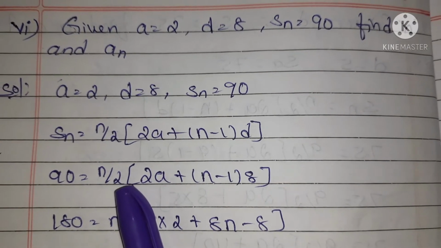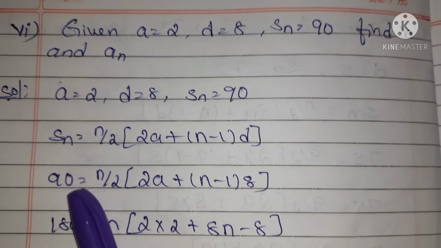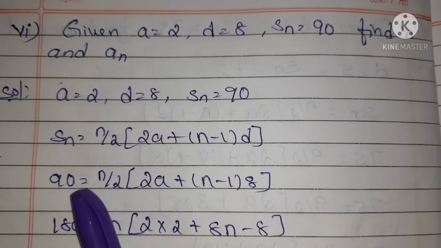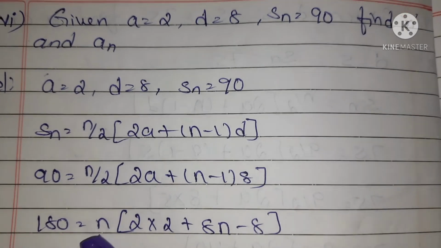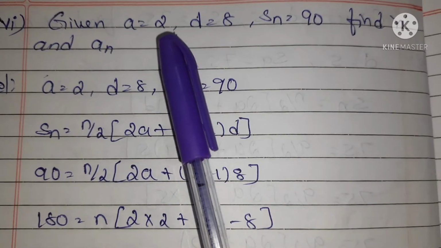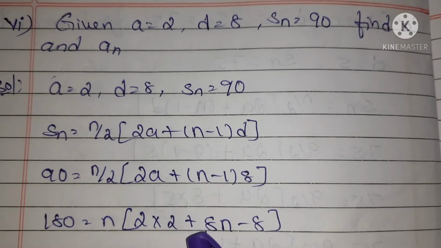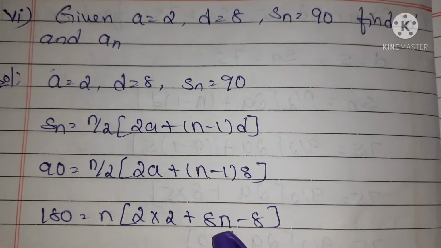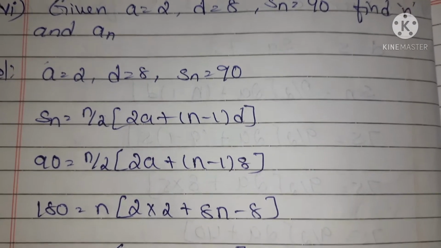Here 2 is dividing. It comes to the left hand side, it will be multiplied. Therefore, 90 into 2 is 180 is equal to n into 2 into a. a value is 2. That means 2 into 2 plus here 8 into n is 8n, plus minus 8 ones are 8.